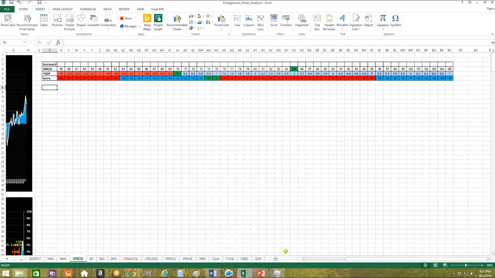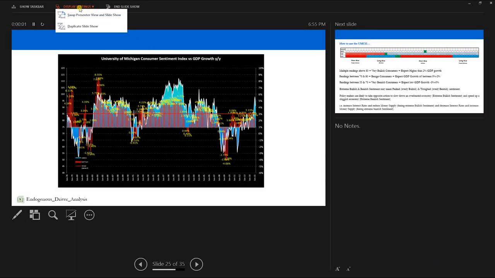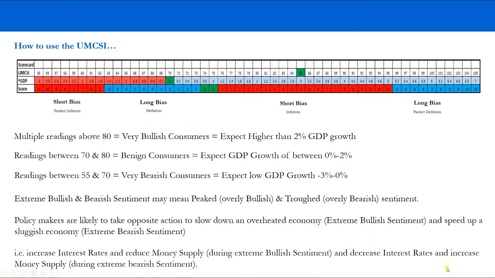Now, if we go back to the presentation, we have a full explanation of how the scorecard is scored. From our analysis earlier, we discovered that with multiple readings above 80, we get very bullish consumers, so we expect a higher than 2% GDP growth rate. Readings between 70 and 80, we expect benign consumers because we get future GDP growth rates of 0 to 2%.